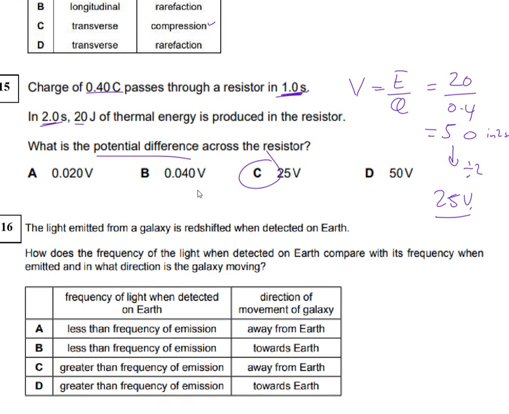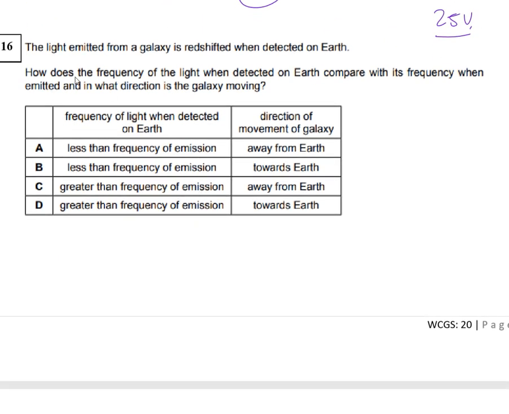Let's move on. How does frequency get redshifted? Okay, redshifted. What does redshifted mean? Redshifted means the wavelength is longer. So if the wavelength is longer, it means the frequency is shorter.